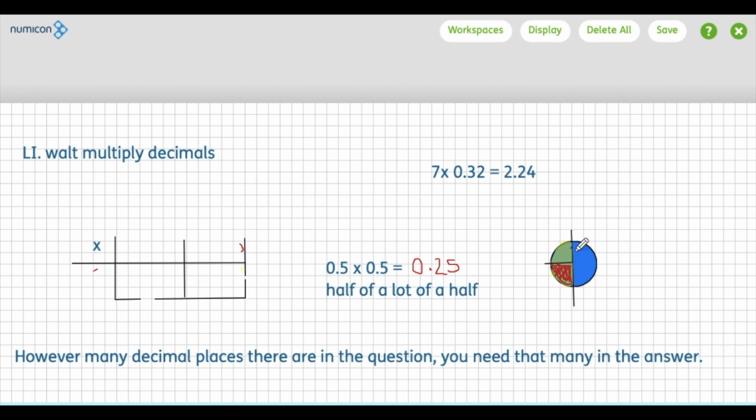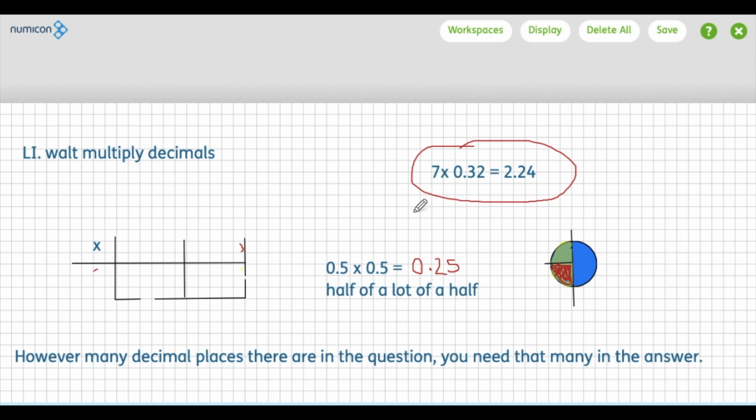Okay, now, when we multiply a decimal by a decimal, we're going to get a smaller number because if you think about it, we've got part of something or part of a whole times another part of a whole. You're going to end up with an even smaller bit of that part. Whereas when we multiply a whole number by a decimal, you're just getting lots of small bits and putting them all together.